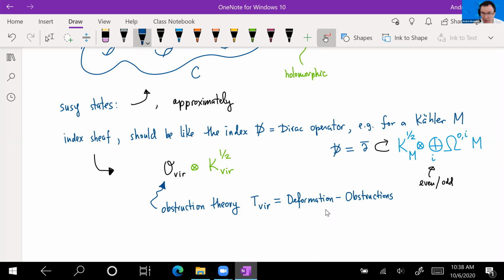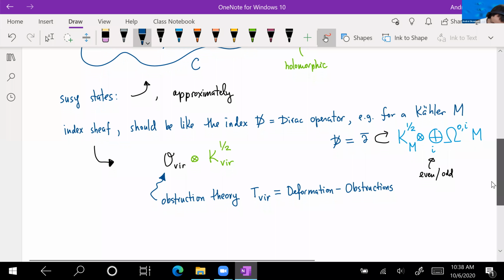So I think E_0 and maybe the duals of E_0 and E_1. And then the determinant of that inverse is the virtual canonical.